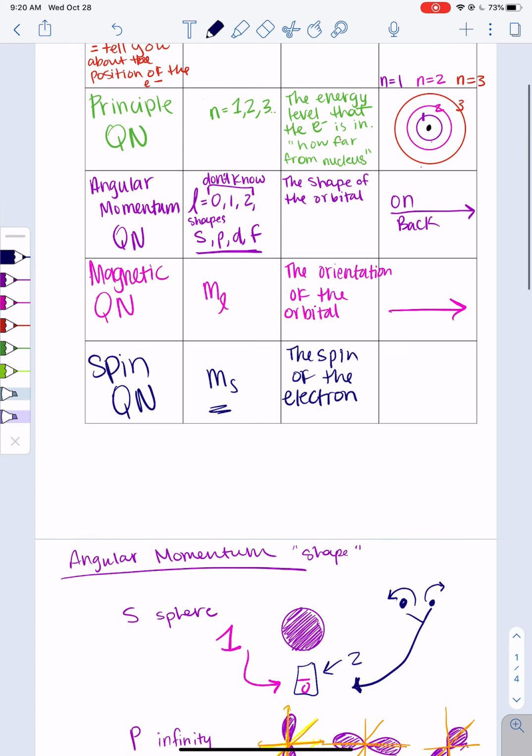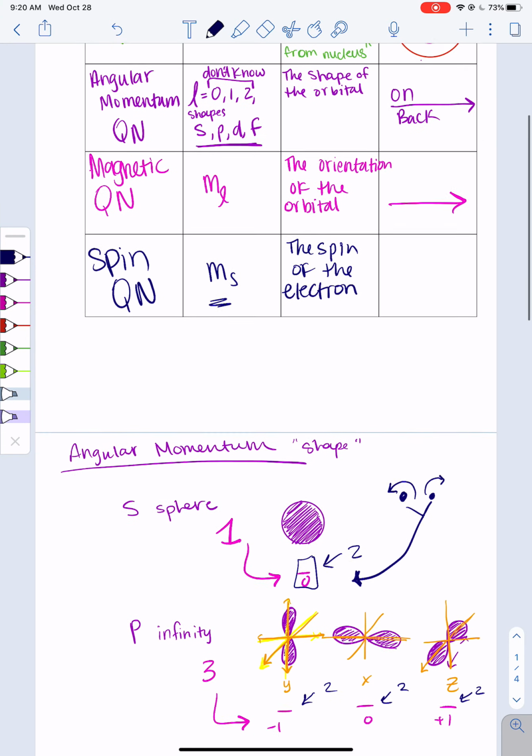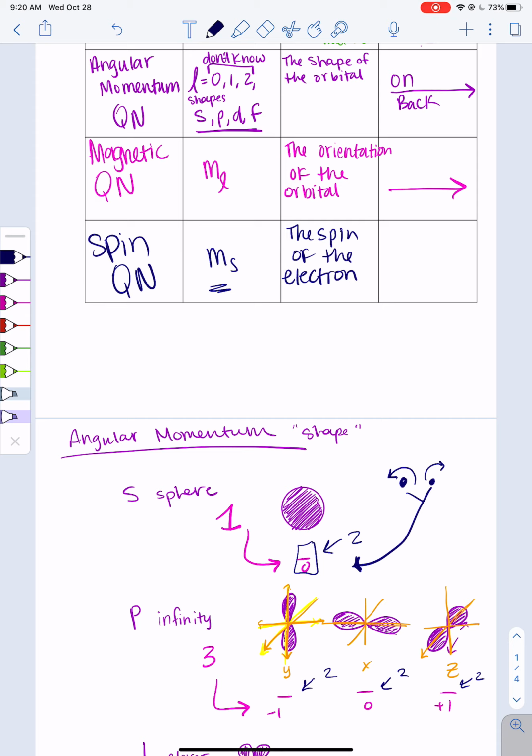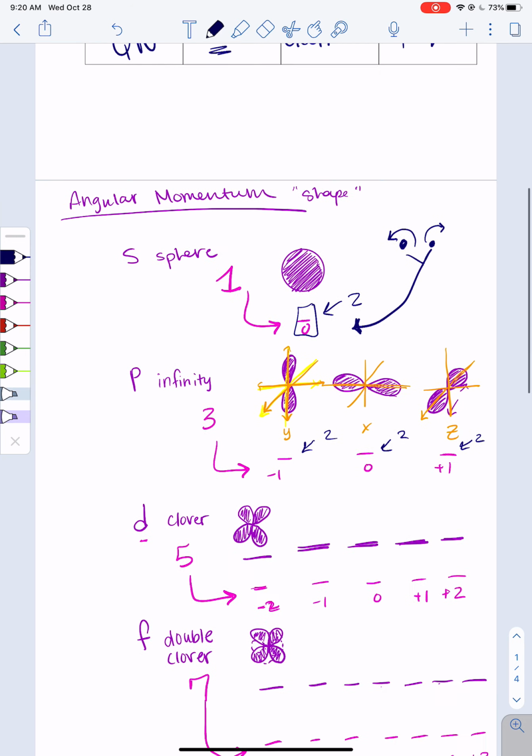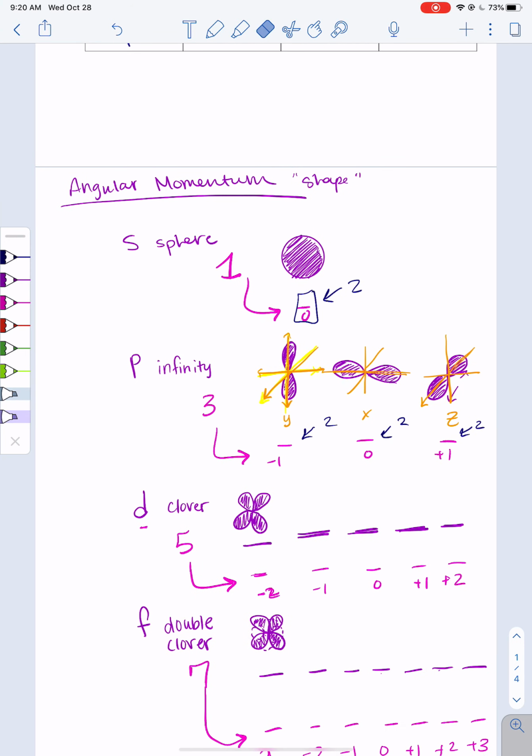So back up here to the draw part. If we're symbolizing it by a number, we say +1/2 and -1/2, because together that makes 0. But when we're actually drawing it, we draw half an arrow up for the +1/2 and half an arrow down. So when we actually put it into the problem down here, let me get rid of all this ugly stuff. When we actually put it into our shells, we draw 1 up, 1 down.